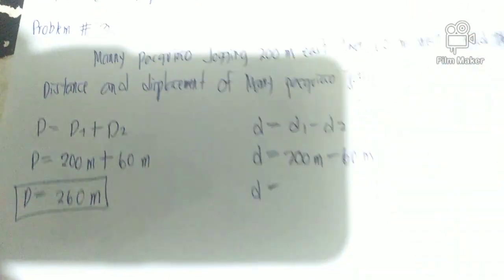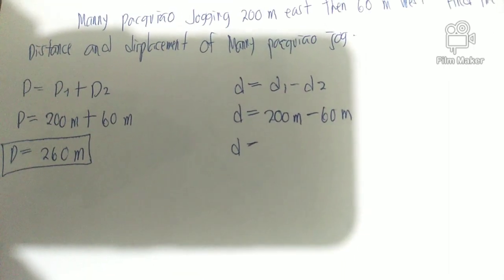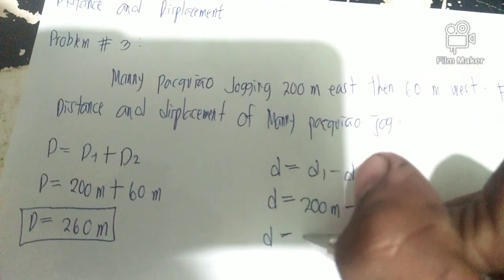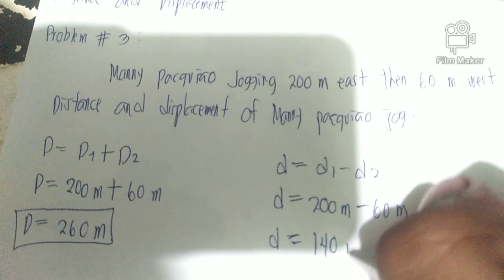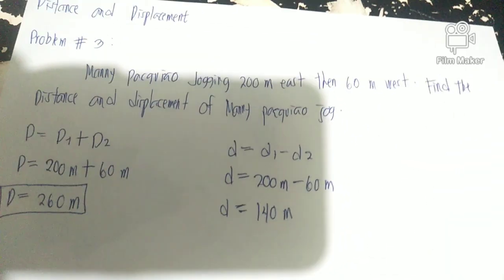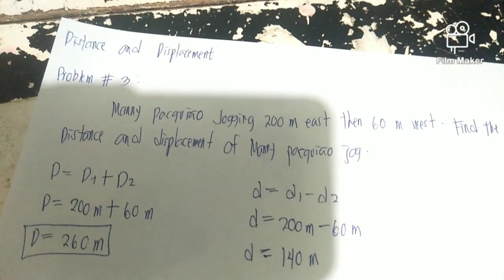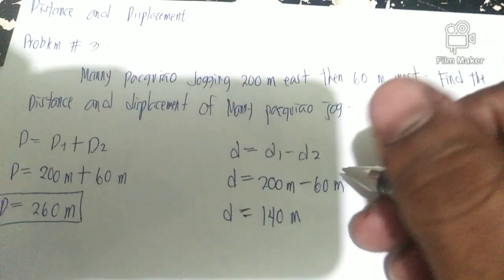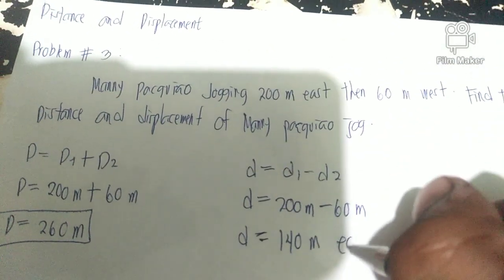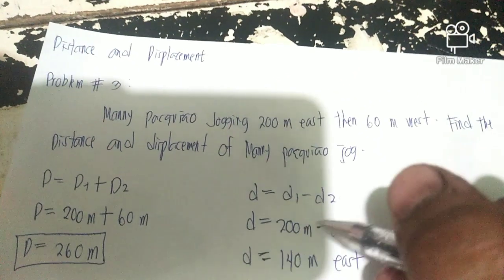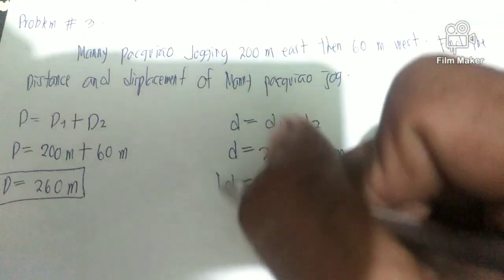So 200 meters minus 60 meters equals 140 meters. Then we need to find the direction. So south west. So this is our displacement.